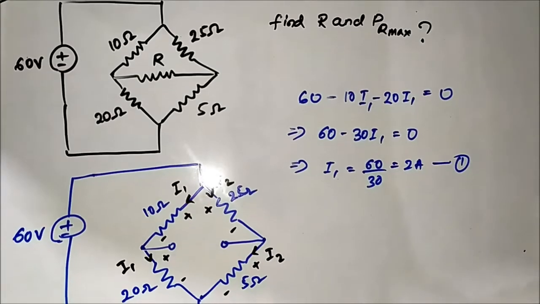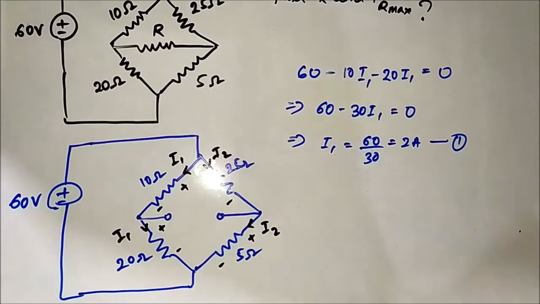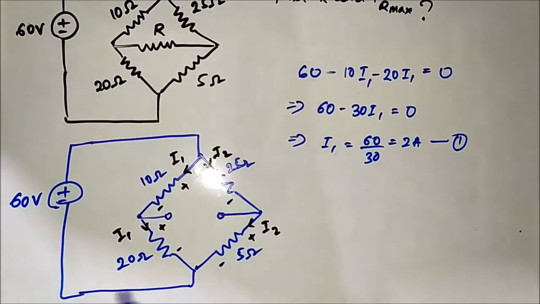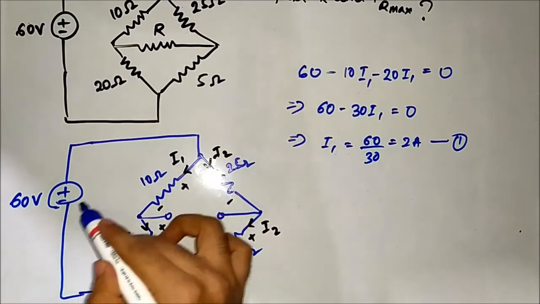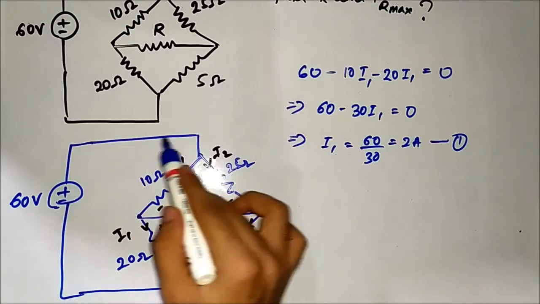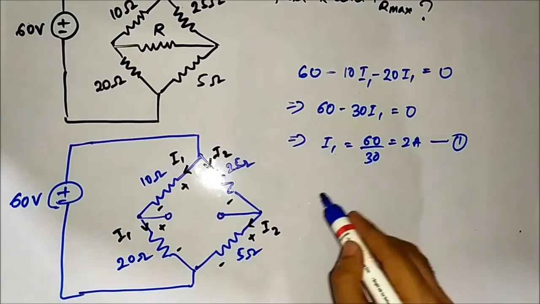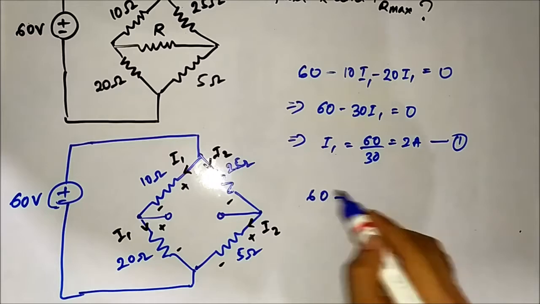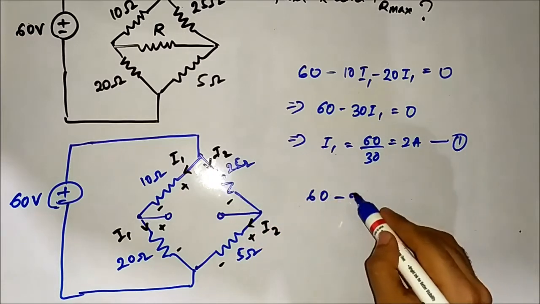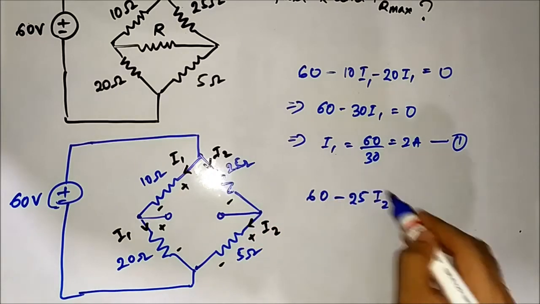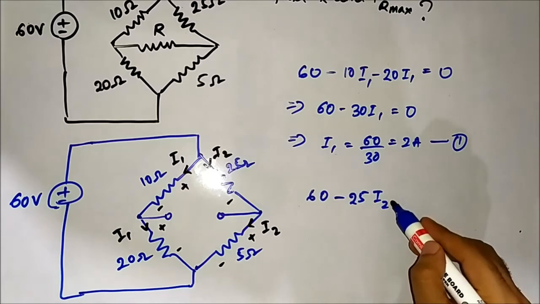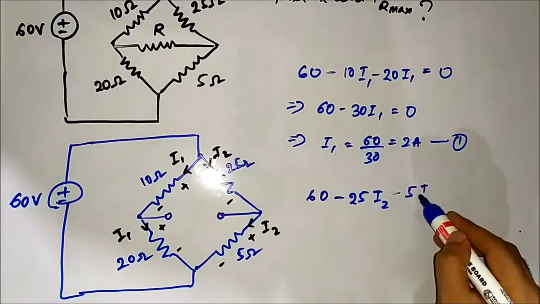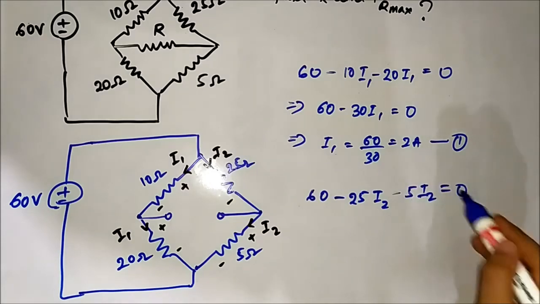This is one equation. Next we will apply KVL in this path. Here we applied it like this, here we will apply it like this. 60 minus 25 I2 minus 5 I2 is equal to 0.